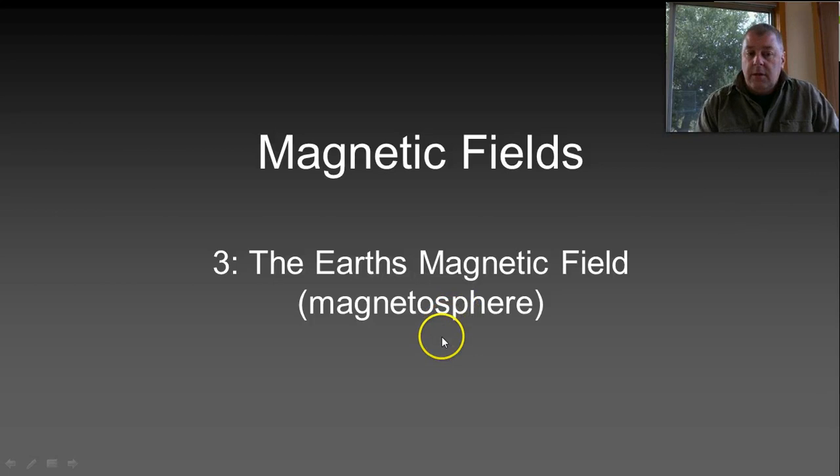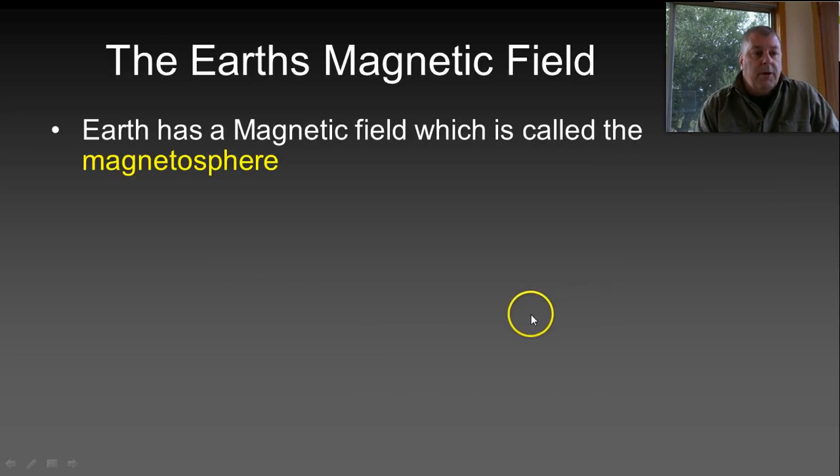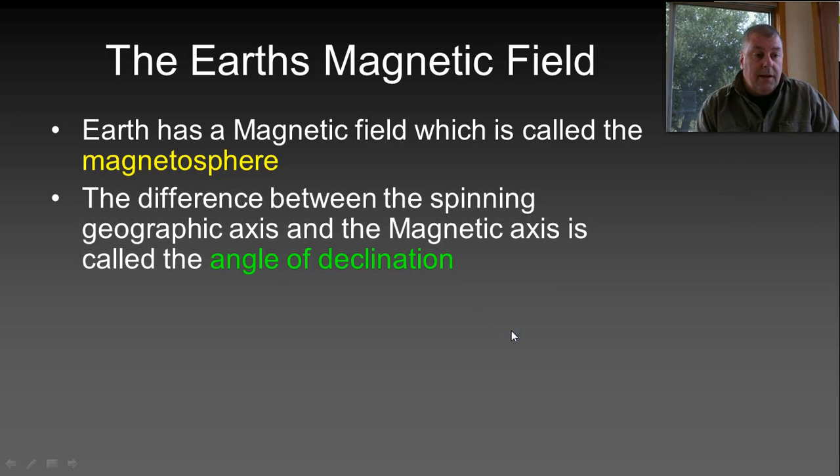This time we're going to look at the Earth's magnetic field, sometimes called the magnetosphere. What do we know about it? Well, the Earth has a magnetic field. There's a relationship between the Earth's magnetic field and the geographic North and South Pole.